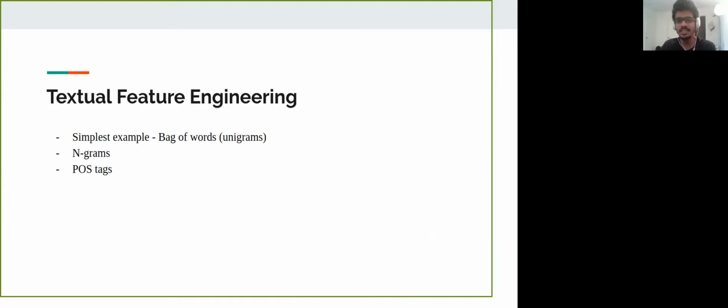Even though it seems so simple that it shouldn't work, even a bag of words model, which is a unigrams model, works pretty well and gives good features. We could also try other types of feature engineering, such as generating n-grams and generating part of speech tokens. So these are examples of feature engineering for textual data.